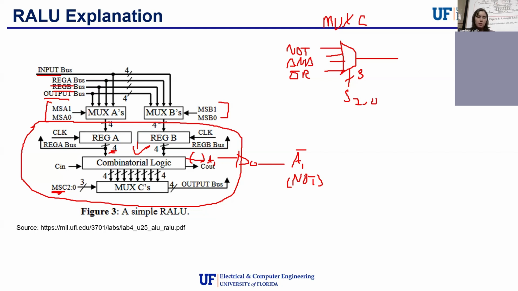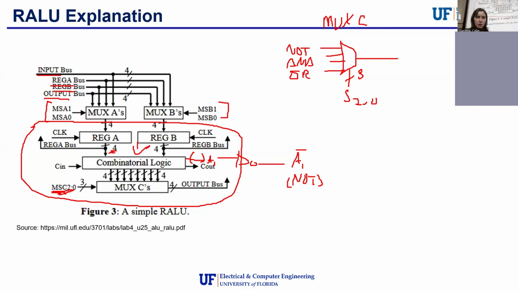The mux MSC might have an operation that is NOTing every single thing going into it. But based on whether MSA1, MSA0 is taking input from the input, that would be NOTing the input, versus if you set register B to go into register A, then it did that function on this register, you'd be performing a different operation.